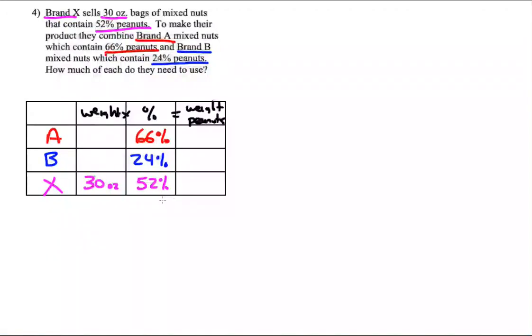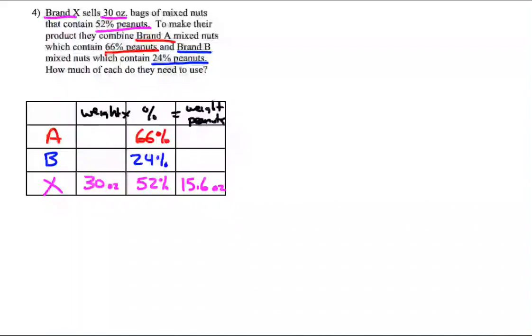So to find out how many ounces of peanuts total we have to have when this is all over, if we take 30 ounces times 52%, that would equal 15.6 ounces. Now that's all the information we can fill in, but we can start using variables.